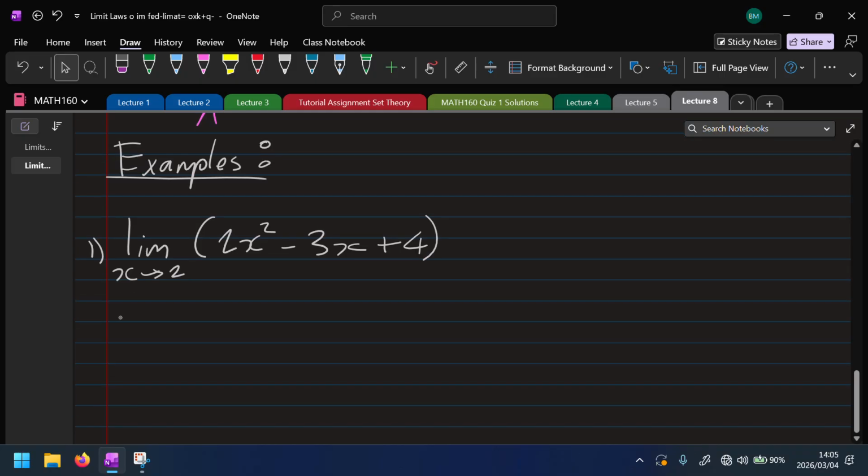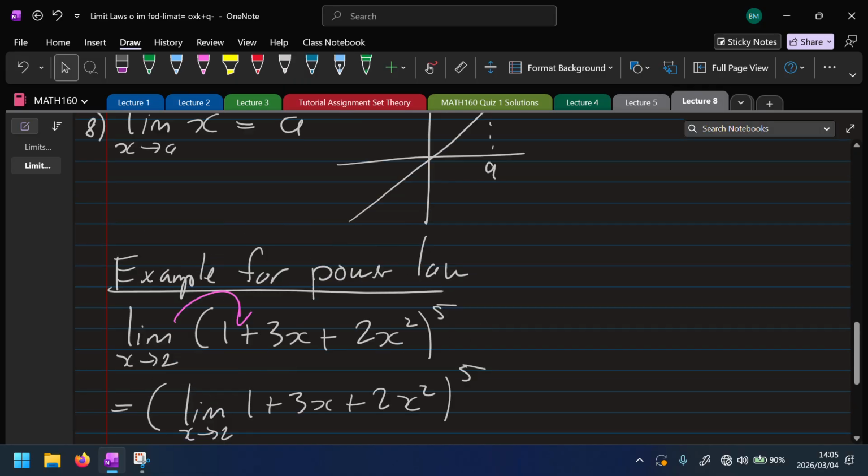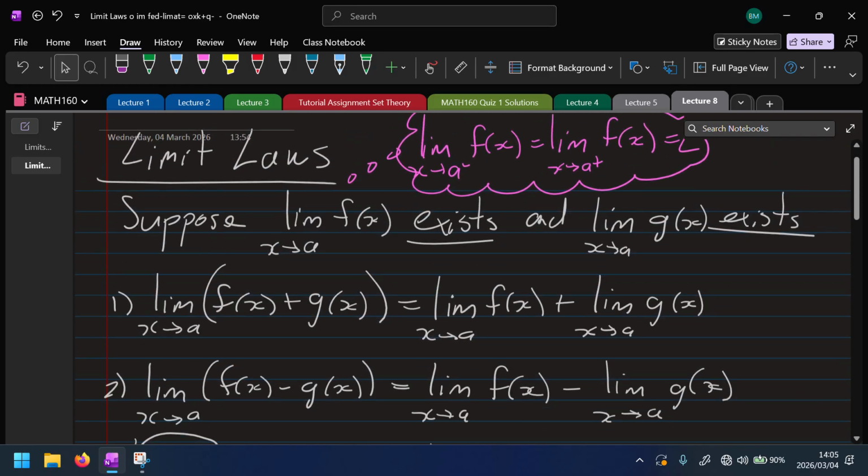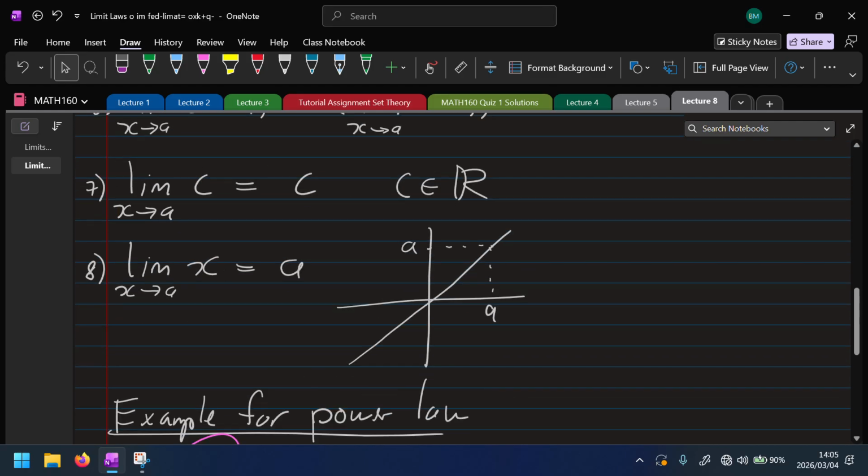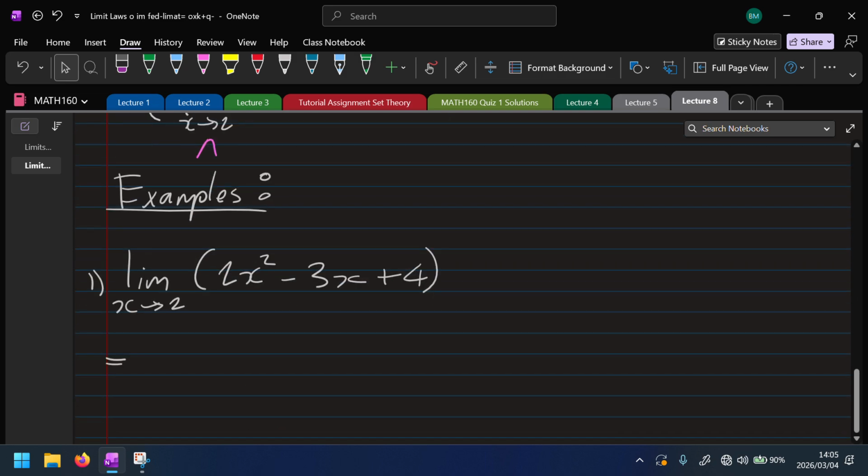Firstly, we have the limit and we have a sum and difference of things. So we're going to use law number 1 and 2 to split it up into individual limits for each of the terms. Does everyone see that?